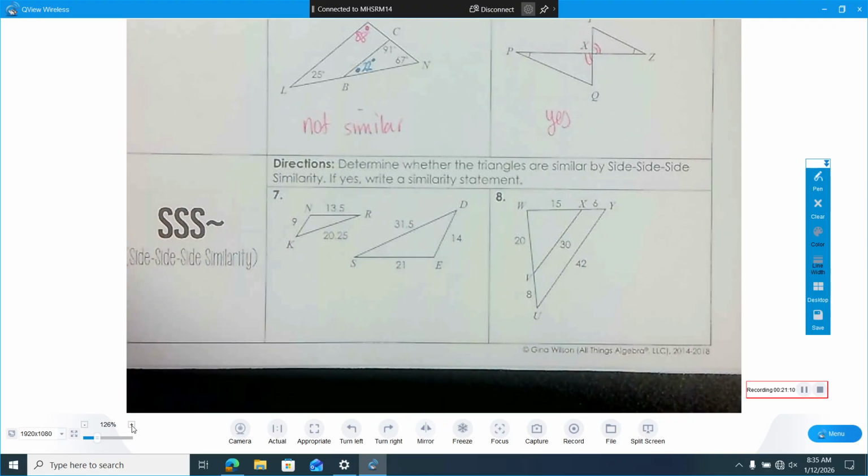Now what are we comparing? Proportions, side lengths, corresponding sides. Okay. Well, this is a challenge. Are these oriented the same way? No, they are not. How do you think we can figure out the corresponding sides, potentially?